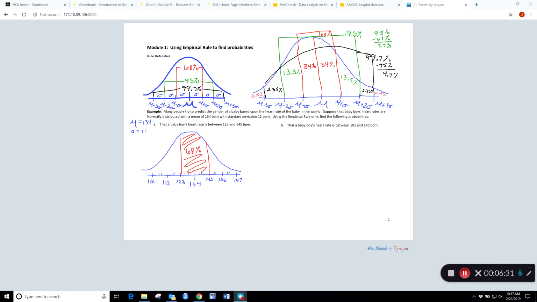So then here I'd be able to say that 68% of the baby boys have a heart rate between 123 and 145 beats per minute.